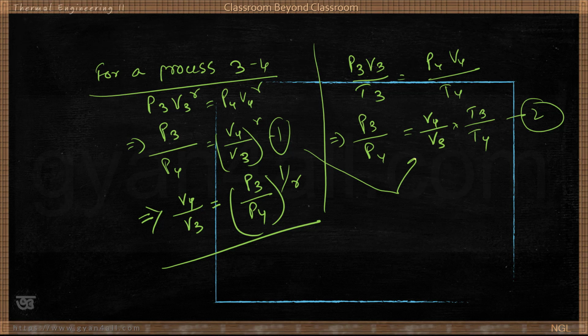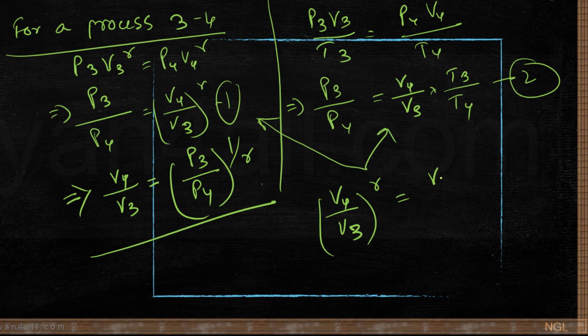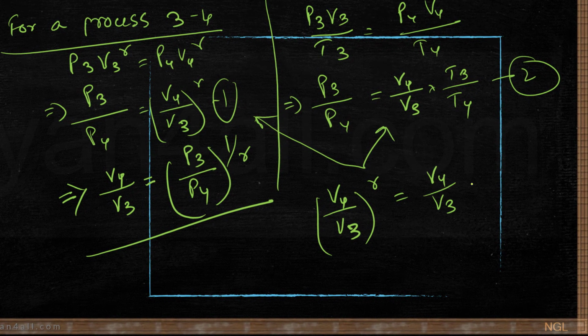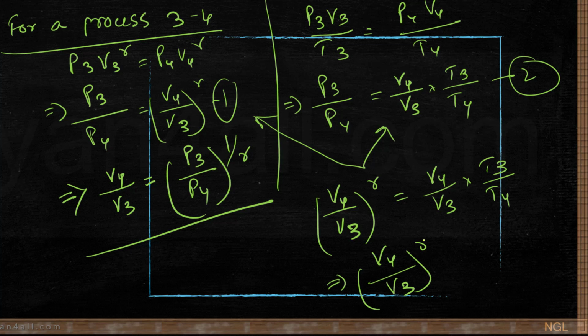From these two equations we can write V4 divided by V3 all to the power gamma is equal to V4 by V3 into T3 by T4. From this we get V4 divided by V3 all to the power gamma minus 1 is equal to T3 divided by T4.